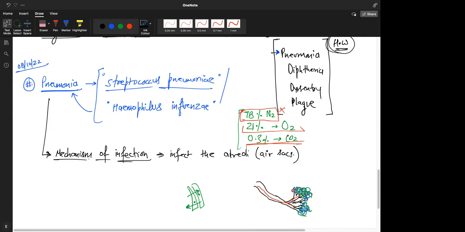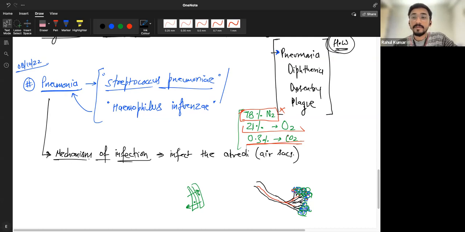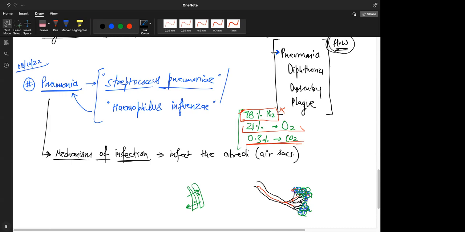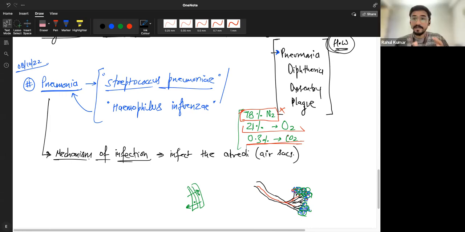Now, if bacteria affect the alveoli, in bacterial infections, bacteria always produce toxins. Now our body will try to fight those toxins. So there'll be a lot of war going on in that region. And whenever there is war, there is bloodshed. Here it's not literally bloodshed, but fluid shed.